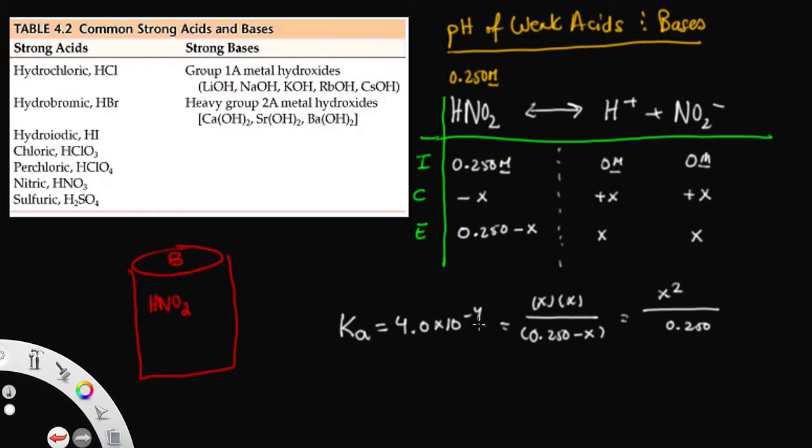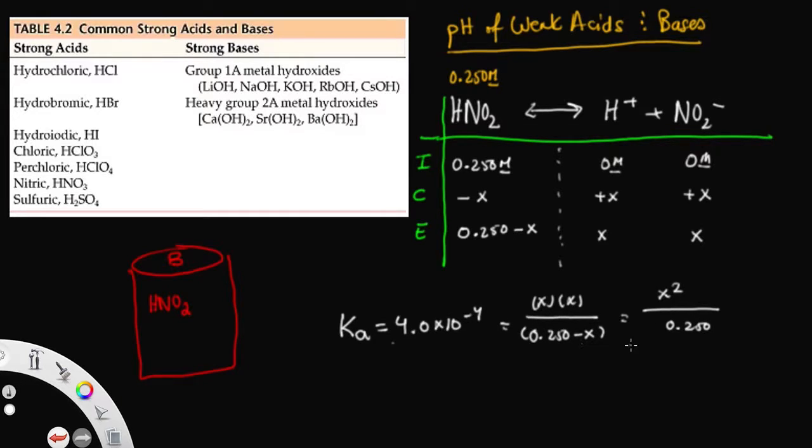So we're saying that at the end of the reaction, the loss of HNO2 is so small that really we could make the assumption that it's going to be approximately 0.250. It's approximately going to stay the same because this Ka value is so small.